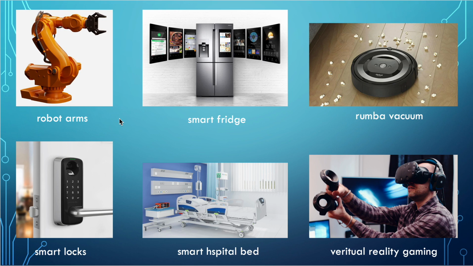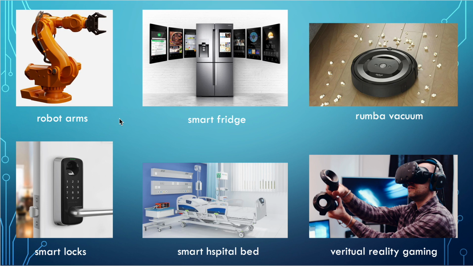And these, when connected to the internet or connected to a network, can work as components of the Internet of Things, devices that are part of systems which create the Internet of Things.